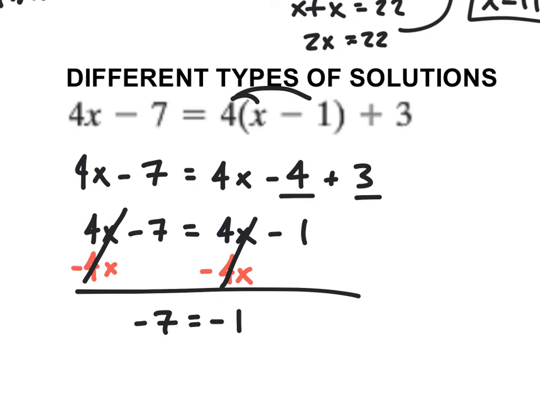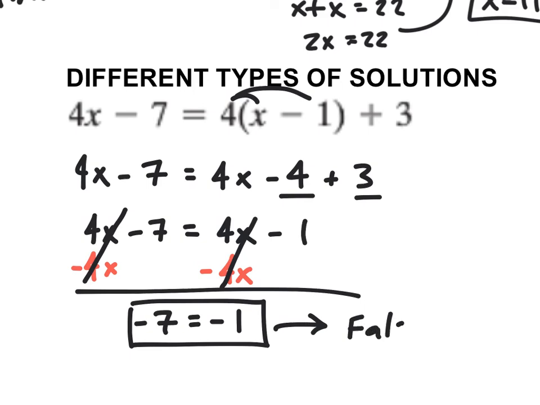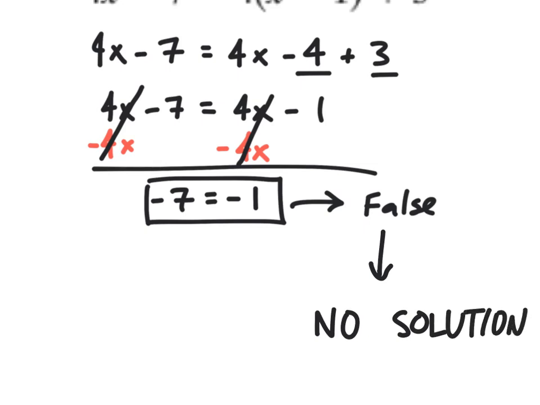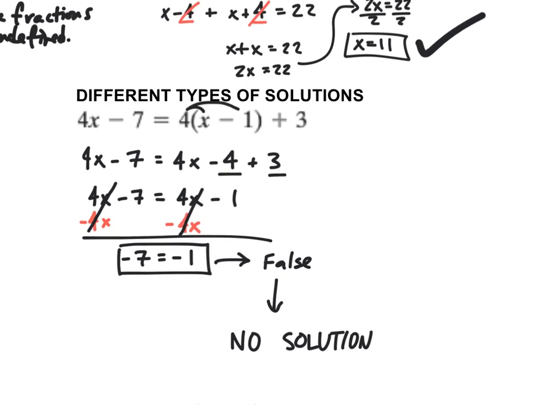So that's the first thing about this. The second thing that I need you guys to see is that this statement here is false. So if your variables get eliminated and you are left with a false statement, the conclusion that we draw is that there is no solution to this type of problem. There is no value for x that will make this true.